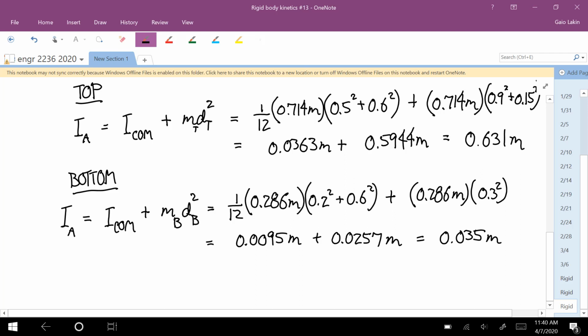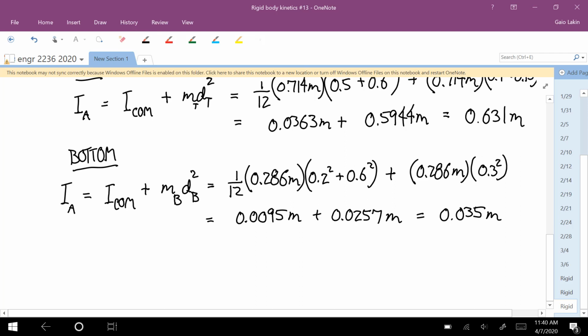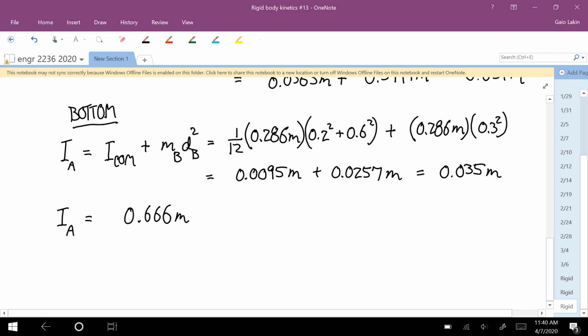Leave it like that. Okay, so the moment of inertia of the whole thing about the hinge, you can just add those two together. And you get 0.666 m. Okay. So now we have the mass moment of inertia about the hinge.